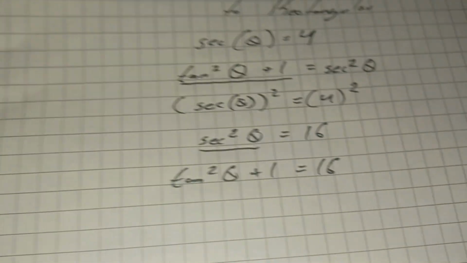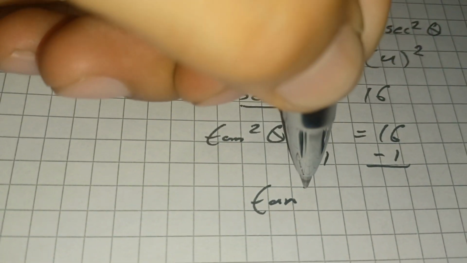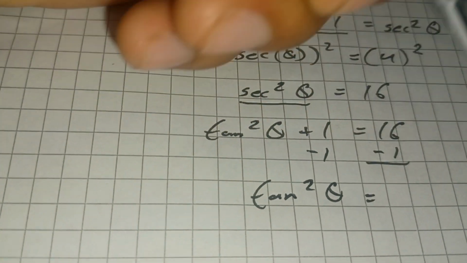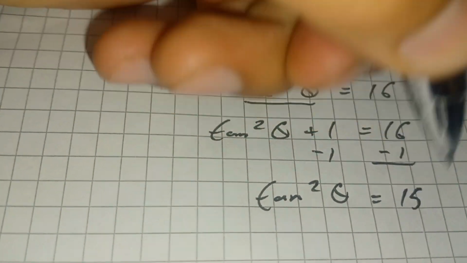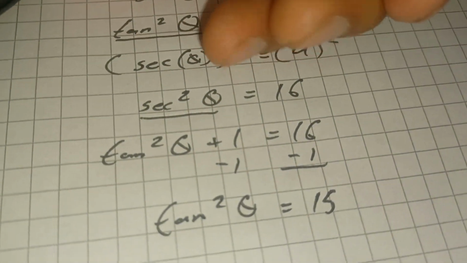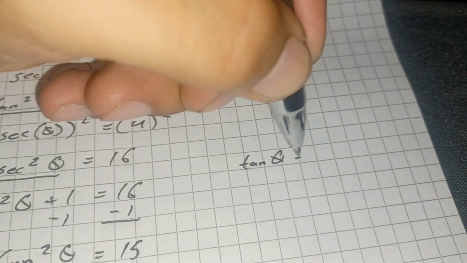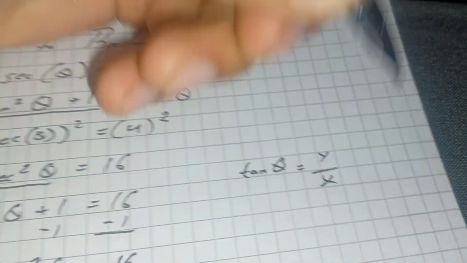Now we can do a little bit of algebra. We can subtract the 1 from both sides to get tan squared theta is equal to 15. Now we have to know that tan of theta is equal to y over x.